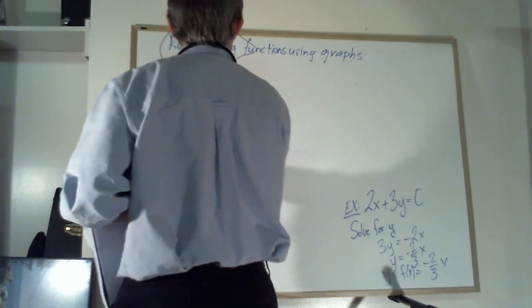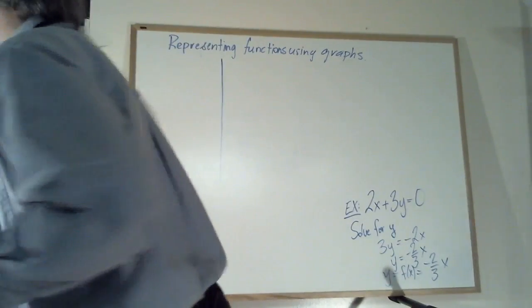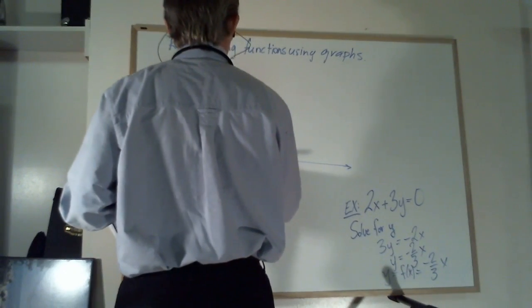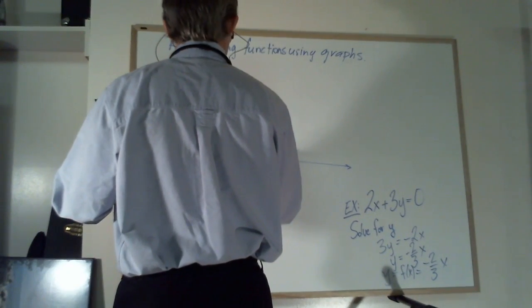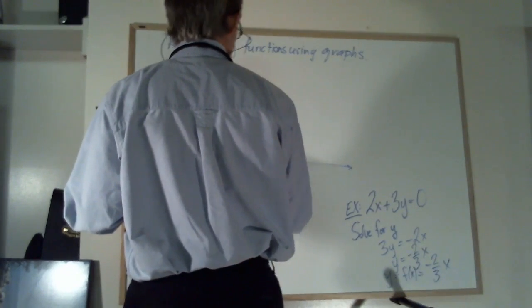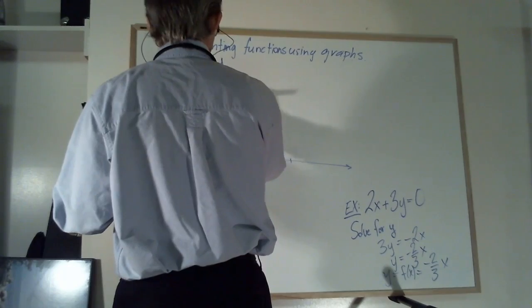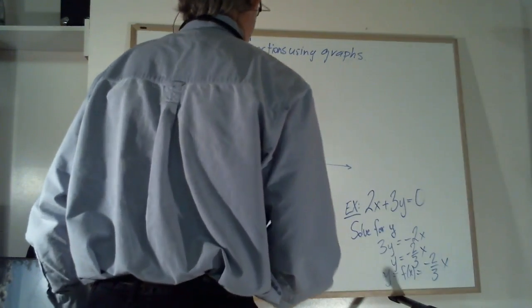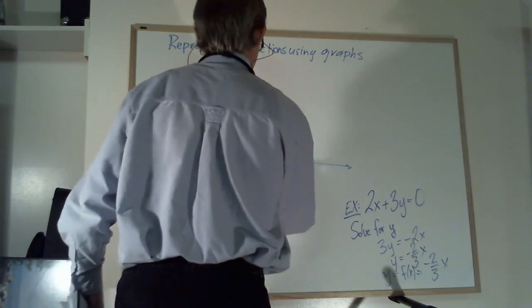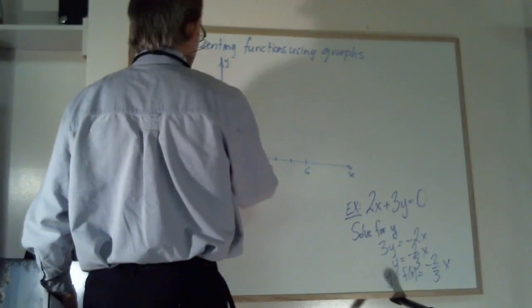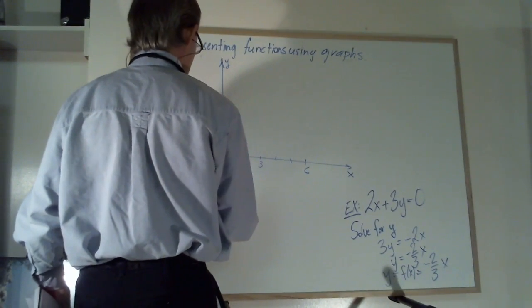Okay, so we draw our axes. I have to draw them a bit closer together here. 1, 2, 3, 4, 5, 6, let's say. So this is 3 and 6. This is x. This is y. This will be 2, 4, minus 2, minus 4.